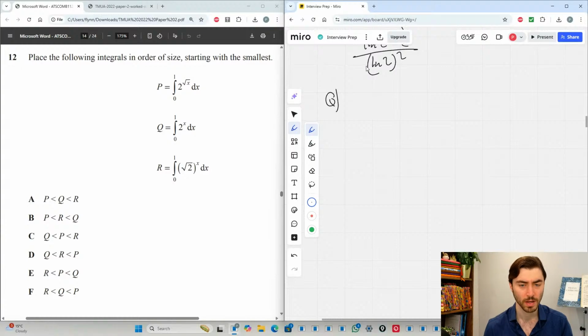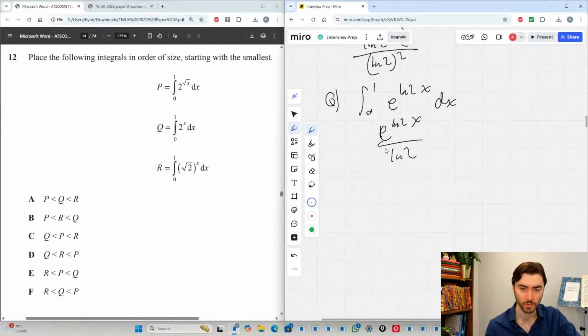So for this one, this would be the integral from 0 to 1 of e to the ln 2x dx, which is much simpler. So that just becomes e to the ln 2x over ln 2 from 0 to 1. Plugging that in, we get e to the ln 2, which is 2 over ln 2, minus e to the 0, which is 1 over ln 2, which is just 1 over ln 2.